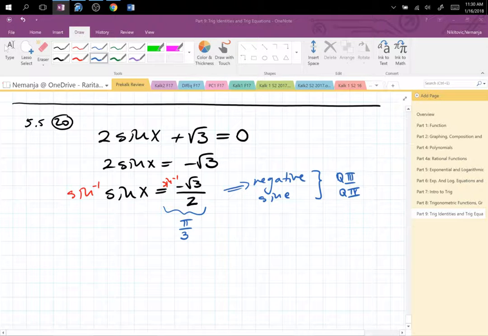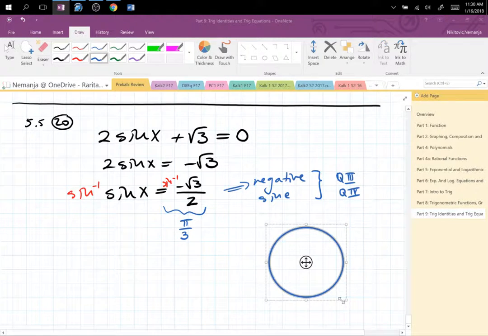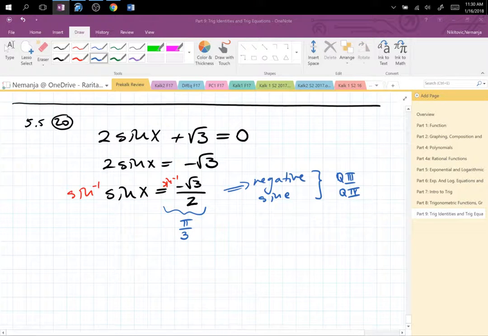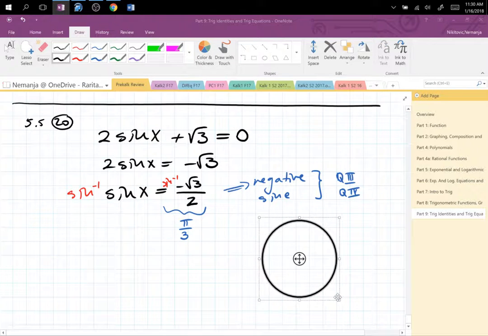With all of this information, we first figure out where this stuff is.